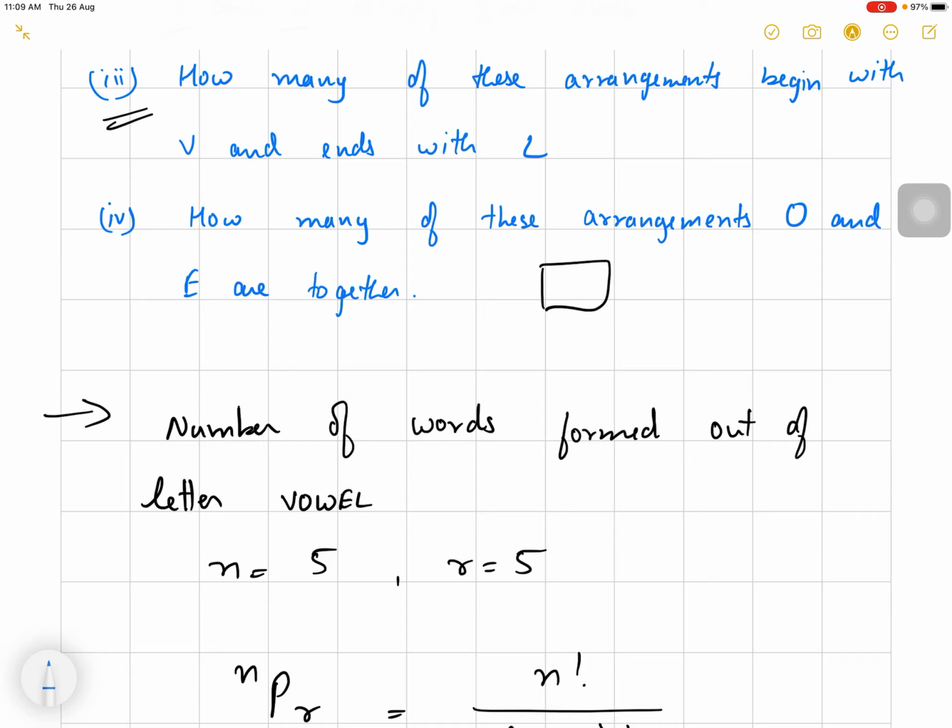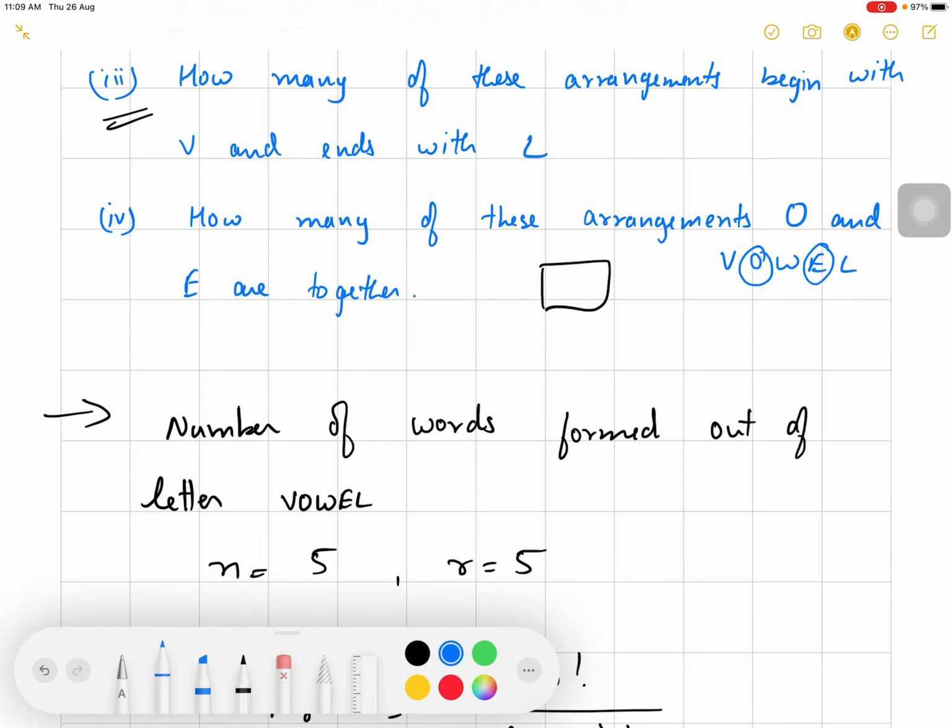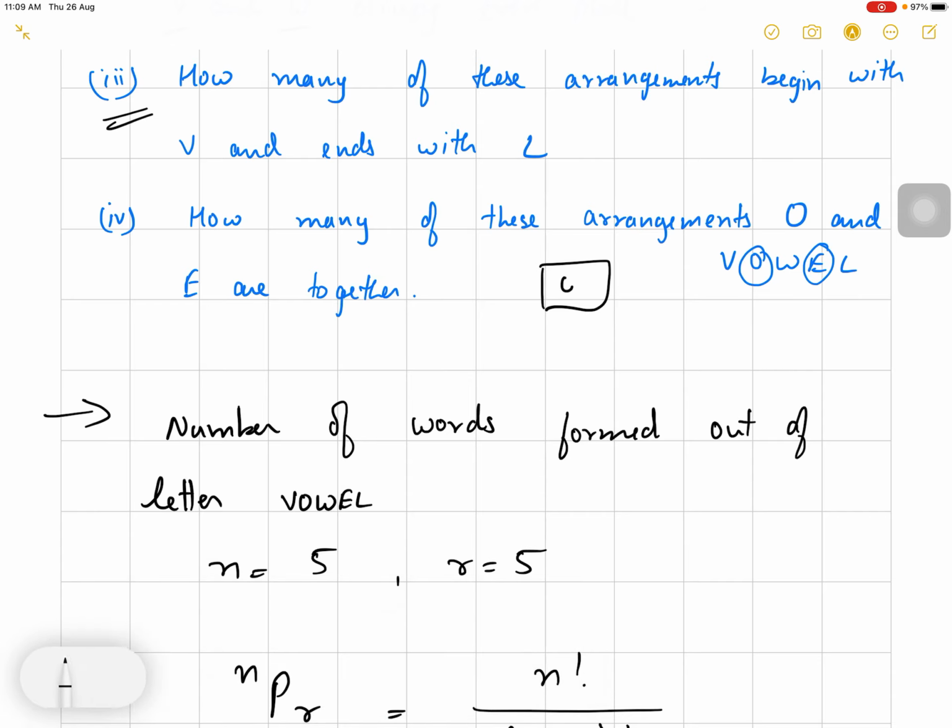Okay. So the letters are V, O, W, E, L, and O and E are always together. So what we are supposed to do is consider O and E as one digit, and the remaining letters, that is V, W, and L, we will consider as one digit each.